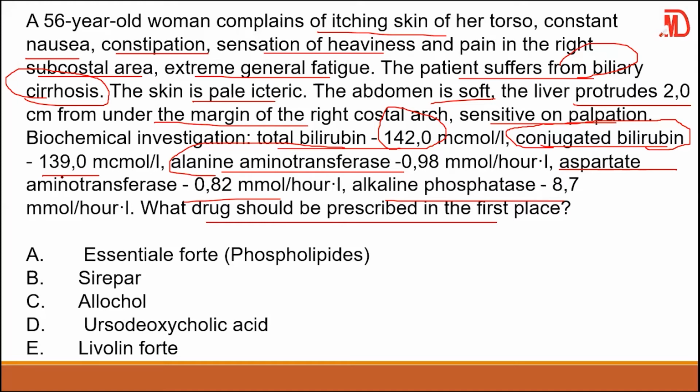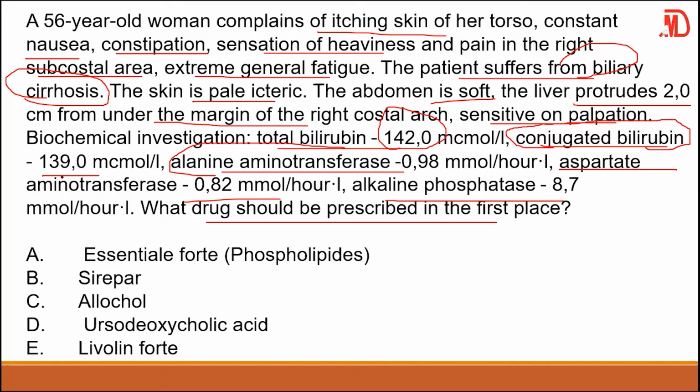So that means that there is an obstruction in this patient. And that obstruction could be because of the biliary cirrhosis that is taking place and stuff like that. So over here, the drug that can help us is what we call Osodiol. And this Osodiol is actually a naturally occurring bile acid.